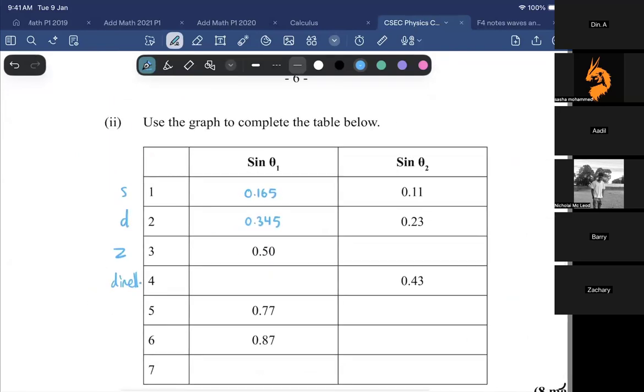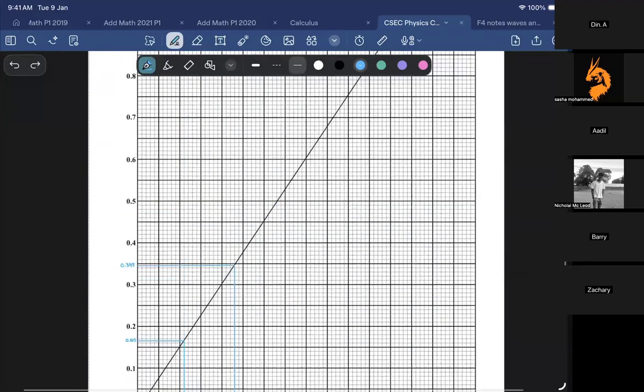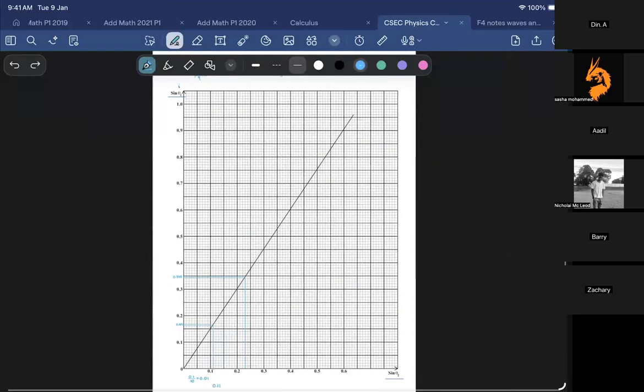Okay, Zachary, we have sine theta 1 as 0.50, and we want to figure out the sine theta 2 value. You think that'll be easy. Okay, so am I going on the x or y axis? You're gonna do the y-axis. I'm going on my y-axis, and I'm looking for 0.50, yeah?